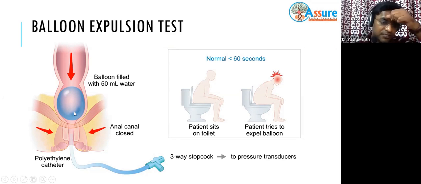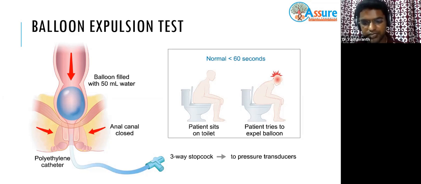If this is delayed beyond 2 minutes, or in our institute we used to consider 3 minutes, then it is impaired. Since India is a poor country where you can't afford a balloon for each individual patient, it will be done in the left lateral position. Since in the left lateral position gravity is eliminated, you might have to give a traction of around 250 mg to 500 mg and see whether the patient is able to pass.